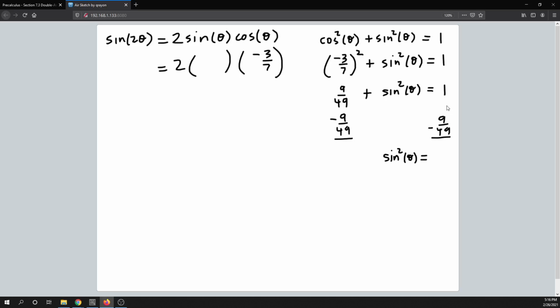So in order to perform that subtraction, I would need a common denominator, right? So 1, I can write that as 49/49, right? That's what 1 is equal to. So then they have a common denominator. So 49/49 minus 9/49 is 40/49.